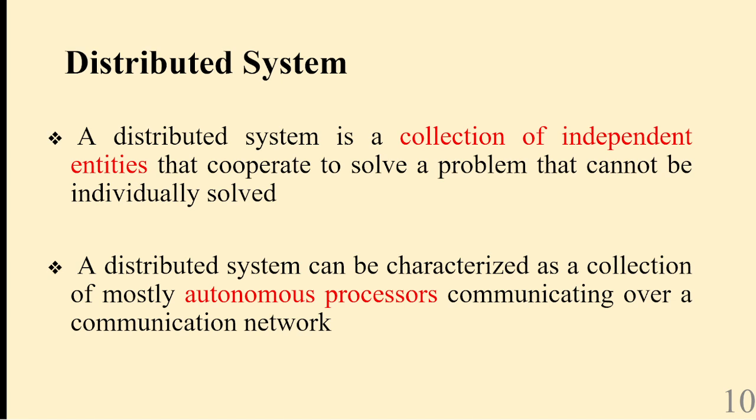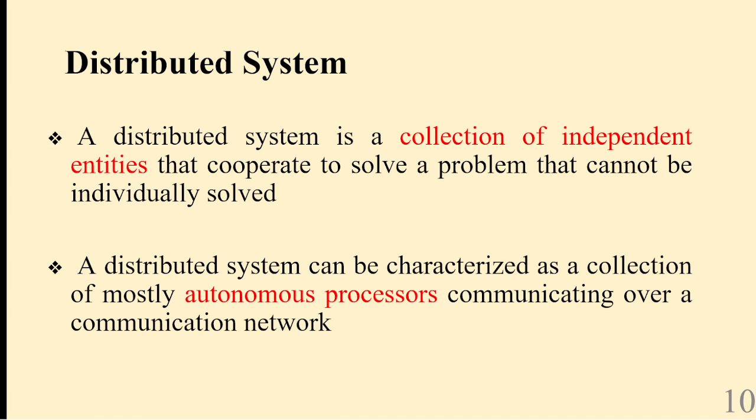A distributed system is a collection of independent entities. They're all independent, they're all different individuals, and they cooperate to solve a problem that cannot be solved individually. If these independent entities were alone, that particular problem cannot be solved by them alone. So they come together to solve a problem, but that doesn't change what work they are doing.